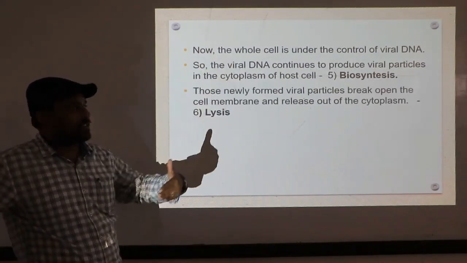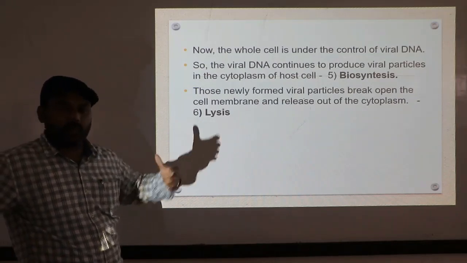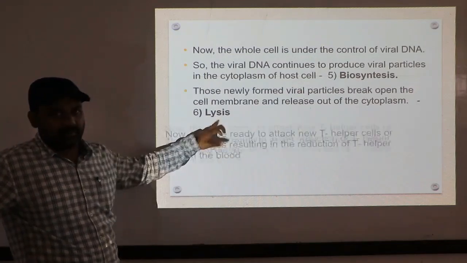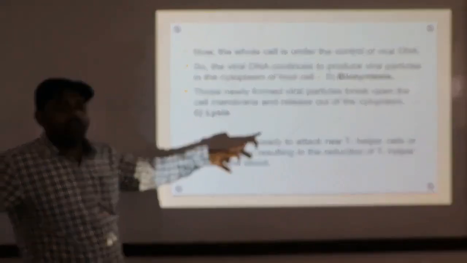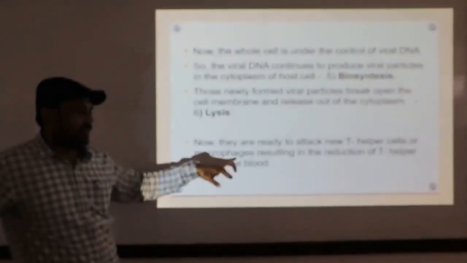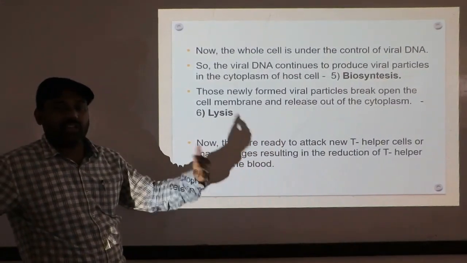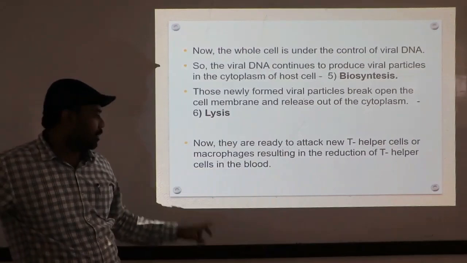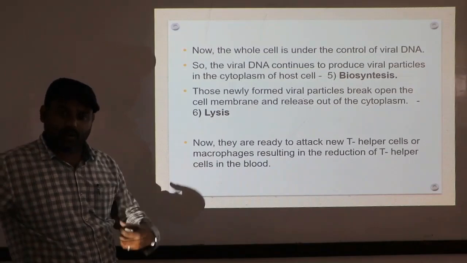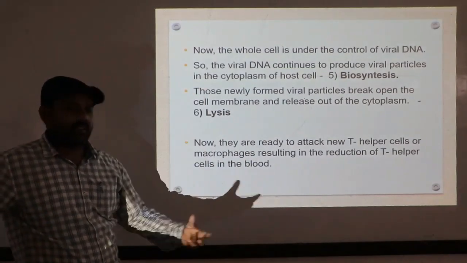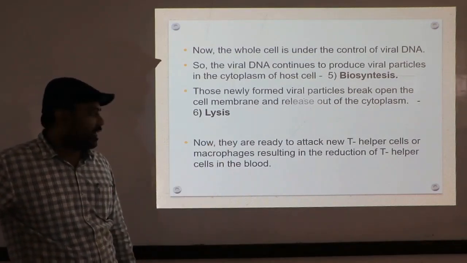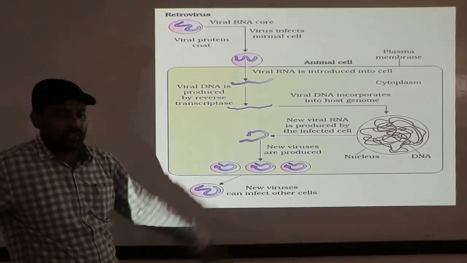After reaching a certain stage, all the viral particles break open the cell membrane and come out of the cell, called lysis. At the same time, these new viral particles are ready to attack new T cells or macrophages, resulting in the reduction of their number. That is, T helper cells in the blood. After they attach, finally they are going to break. To some extent, the T helper cells and macrophages count can be reduced in the blood. Next, this is the life cycle.